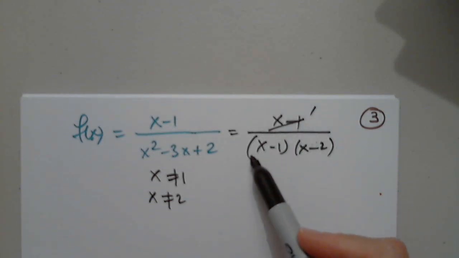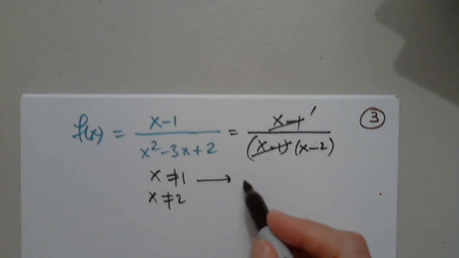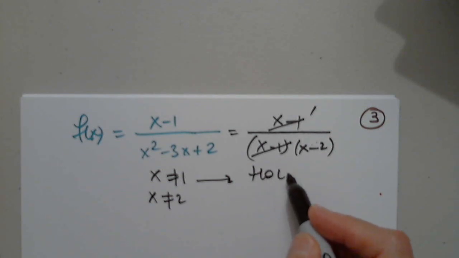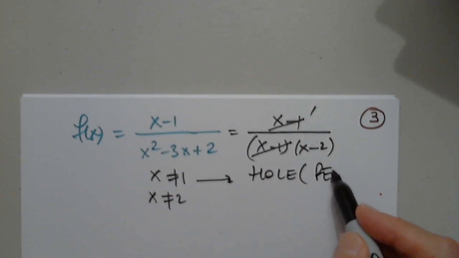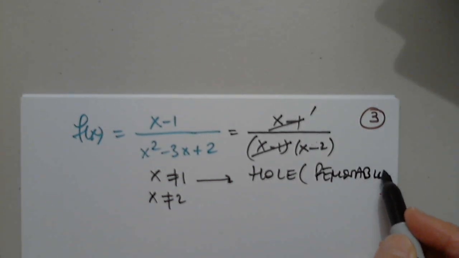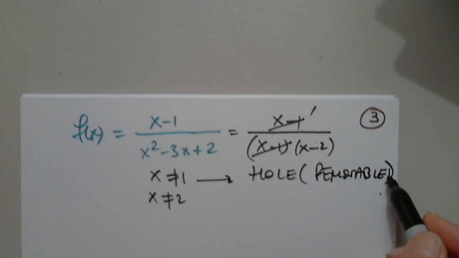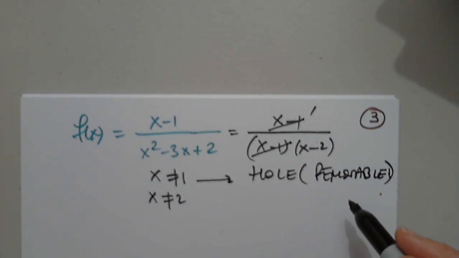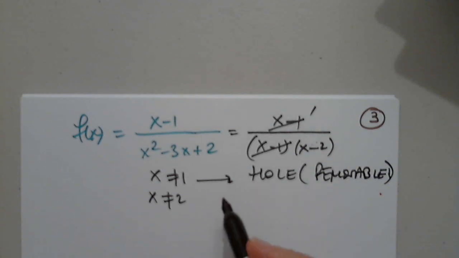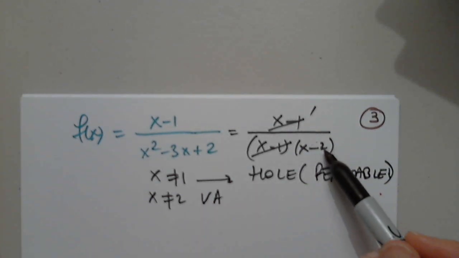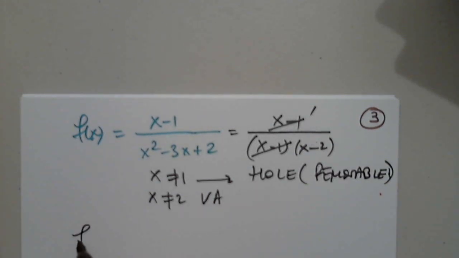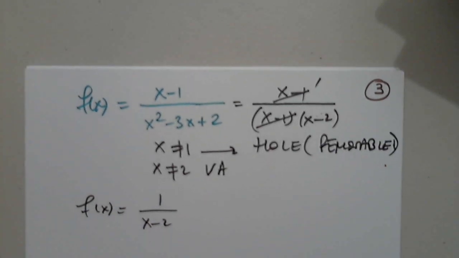But because this factor disappears, this turns into a hole, or if you want, a removable discontinuity, which cannot be a vertical asymptote. So the only vertical asymptote is x equals 2. So the simplified form of this function is 1 over x minus 2.